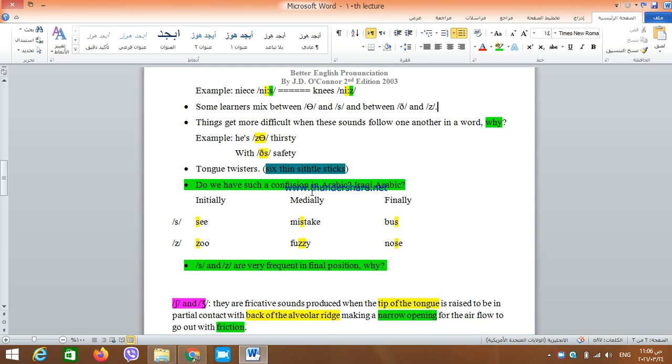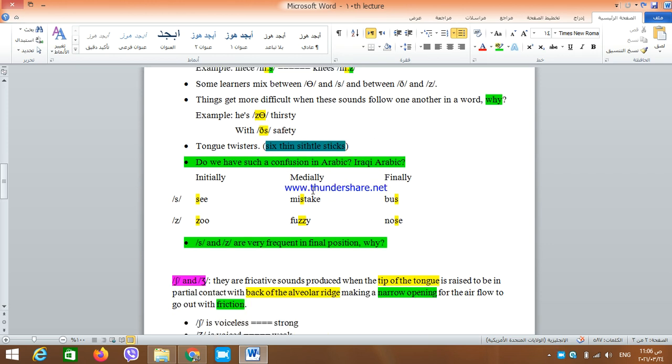Maybe you can think of an answer for this. And if you have come across this word before, tongue twisters. What are tongue twisters? Tongue twisters are actually a sequence of words that have similar consonants.